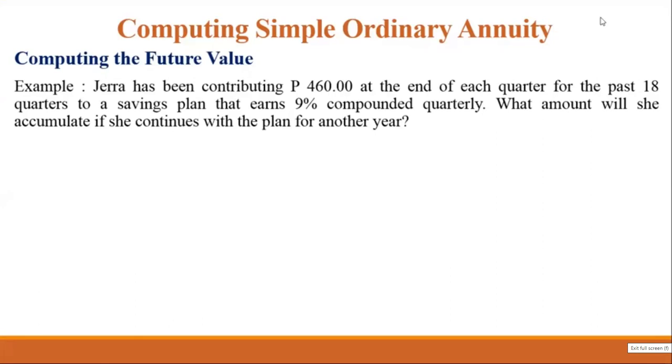It is compounded quarterly, her contribution of 460 pesos. So how much will she accumulate if she continues contributing with that plan for another year, since it is compounded quarterly at 9%.